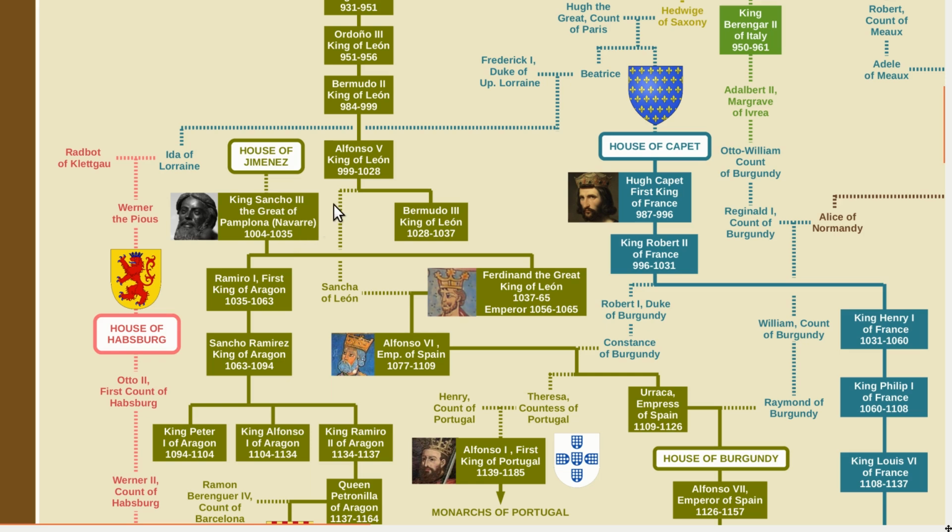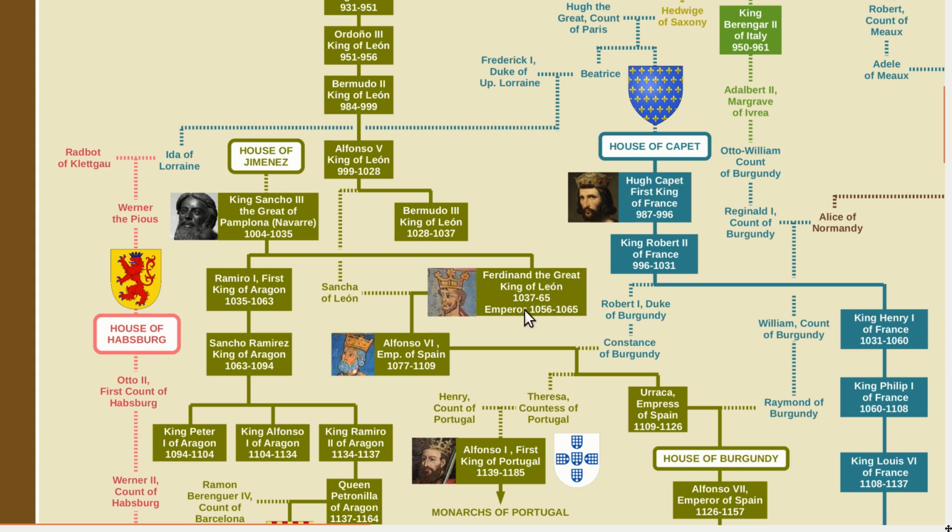And you'll see here that this original line of kings from Leon ends here, but then this individual had a daughter who marries the son of Sancho the Great. And so this house of Jimenez, which was originally from Navarre, becomes the ruling house of Leon.